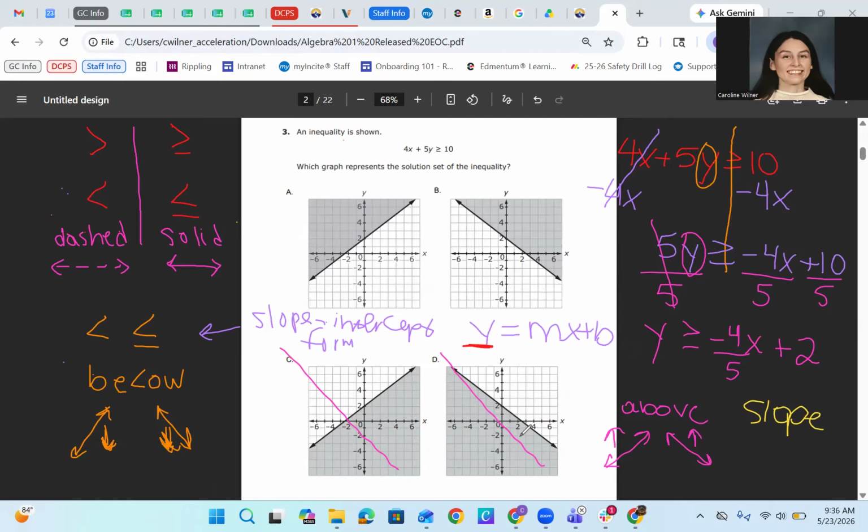The slope is the number, or in this case, a fraction, which is still a number, attached to the x. If your slope is positive, it is going to be going up and to the right. If it is negative, it is going to be going down and to the right. Well, for us, we have that negative, so it better look like the negative slope, which between our two options, it is going to be B.